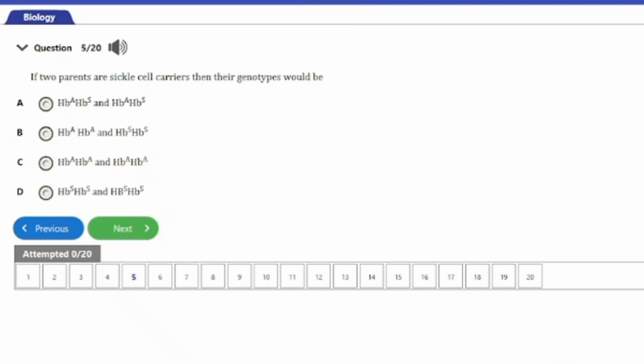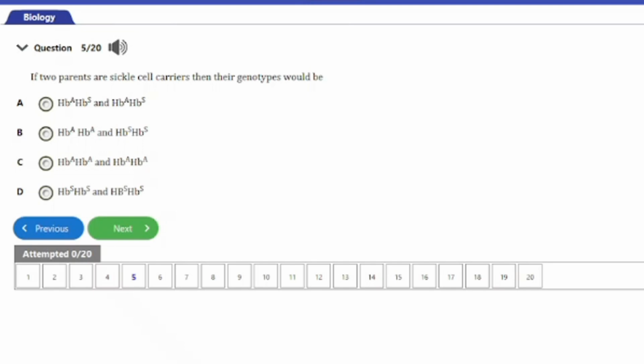Question number 5 says, if two parents are sickle cell carriers, then their genotypes would be A. HbA HbS and HbA HbS. B. HbA HbA and HbS HbS. C. HbA HbA and HbA HbA.